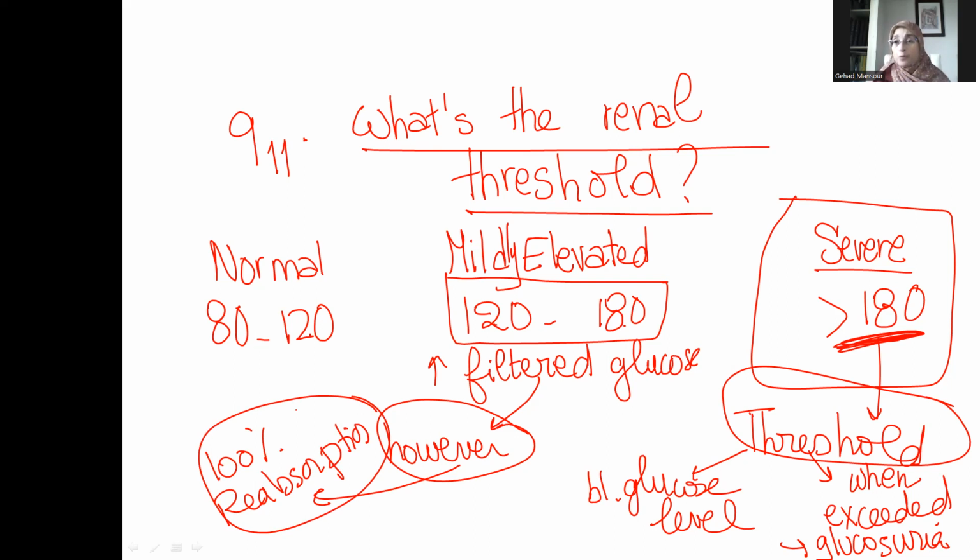It's not a normal blood glucose level, but the kidney tries to conceal or to hide the problem. And despite having increased filtered loads of glucose in Bowman's capsule first, and then in the PCT, it succeeds in 100% reabsorption. Therefore, there will be no glucose in urine, and there will be no symptoms at all. No glucosuria means no symptoms.